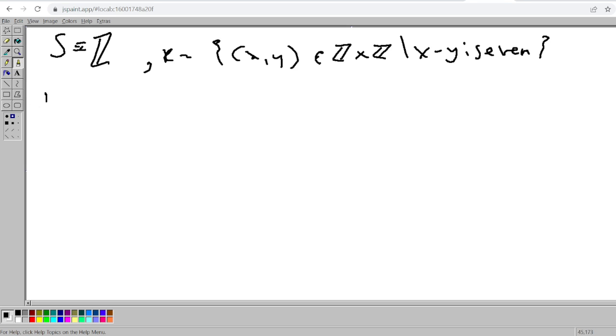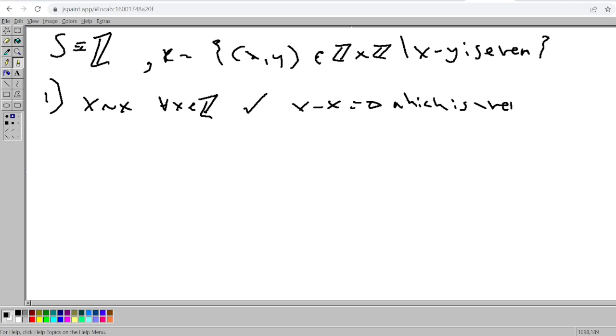We have to check the three properties. First, reflexivity: x is related to x for all x in Z. Is this true? Yes, because x minus x is equal to 0, which in standard mathematical conventions is in fact even.